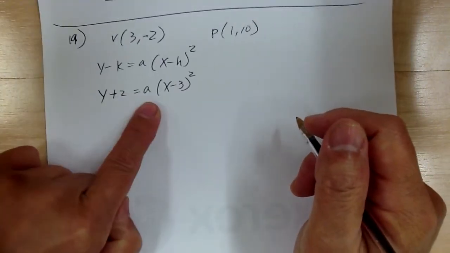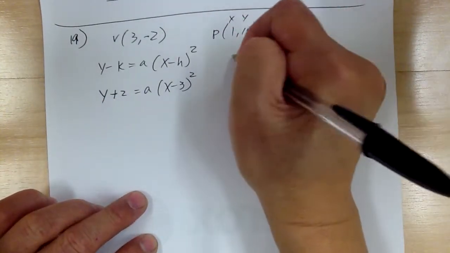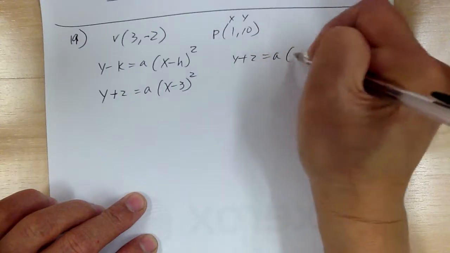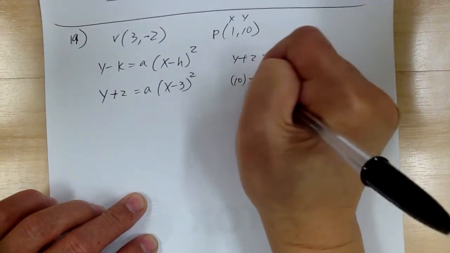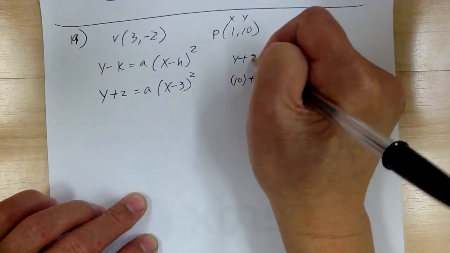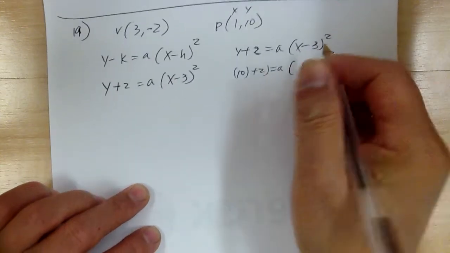Now to find a, you go off to the side and use this point. So you have y plus 2 equals a times (x minus 3) squared, and you substitute. So you get 10 plus 2 equals a times (1 minus 3) squared.